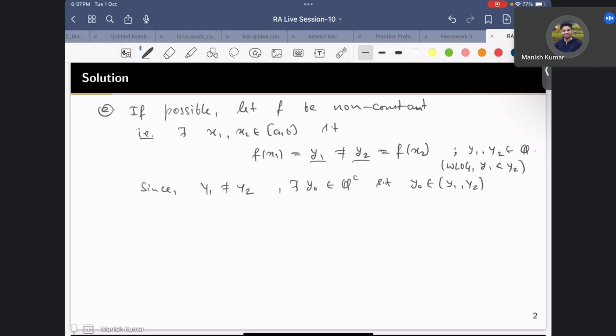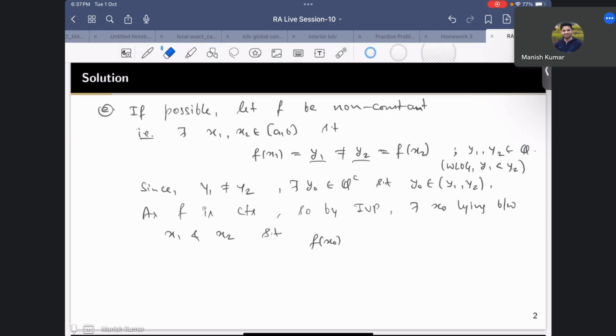Now, as f is continuous, by the intermediate value property there exists x0 lying between x1 and x2 such that f(x0) is equal to y0, which belongs to Q complement.